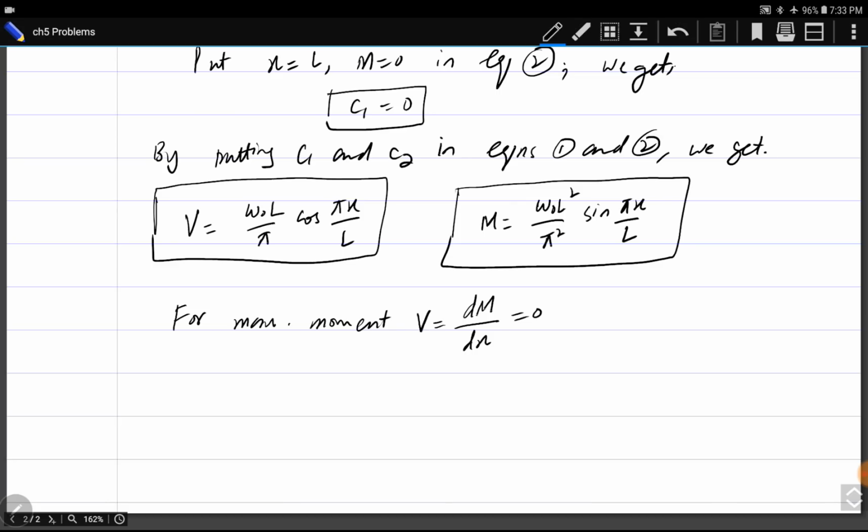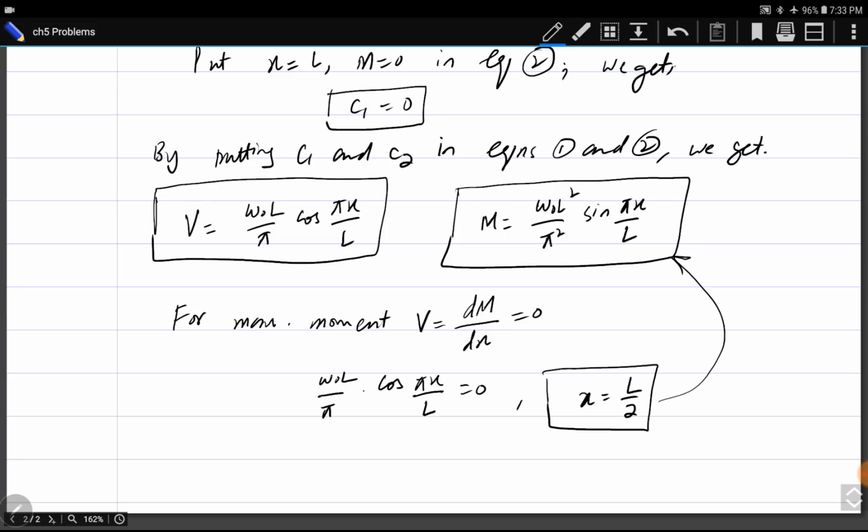So here if we keep shear force equal to 0, W naught L by pi cosine of pi x by L, it means cosine of pi x by L is equal to 0, and cosine of pi x by L is equal to 0 when x is equal to L by 2. So from this expression we have found x equal to L by 2, and now we will put x equal to L by 2 in the expression of moment to find maximum moment.